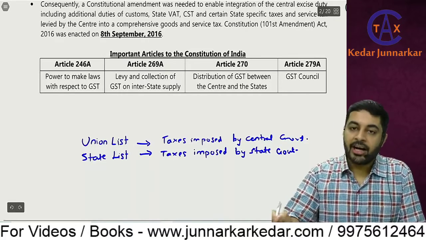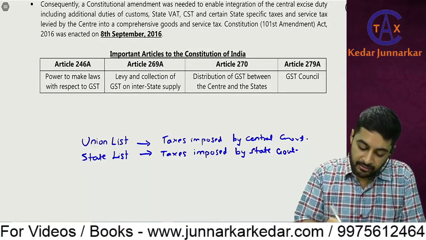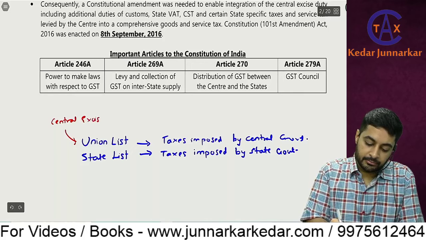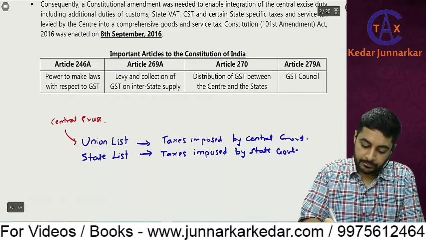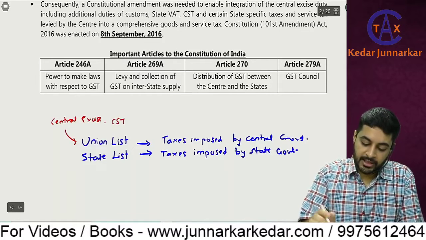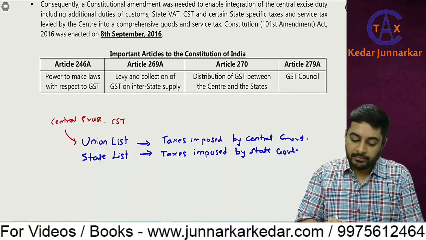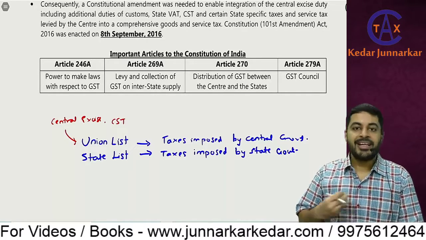So earlier there were taxes which were covered only in union list, like central excise, then CST. But CST was collected by central government but retained by the state government.